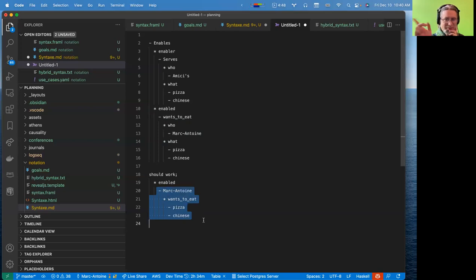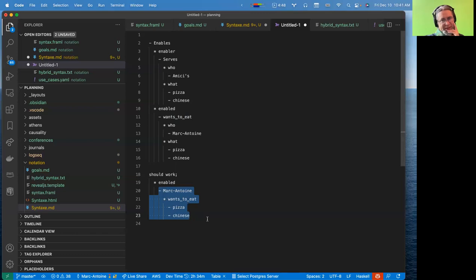So that's wrong. I see. Here it's fine because here I'm implicitly creating an object which has these characteristics. But this is absolutely not working. There should be a grouping here.